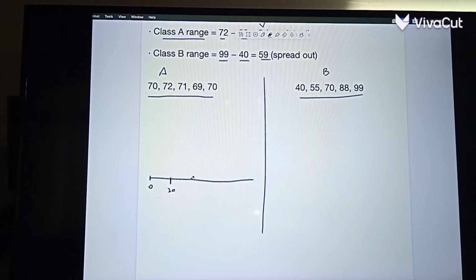Next will be 40. Next will be 60. Next will be 80. And then next will be 100.